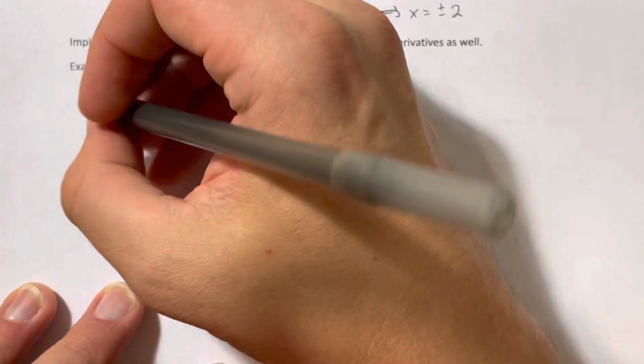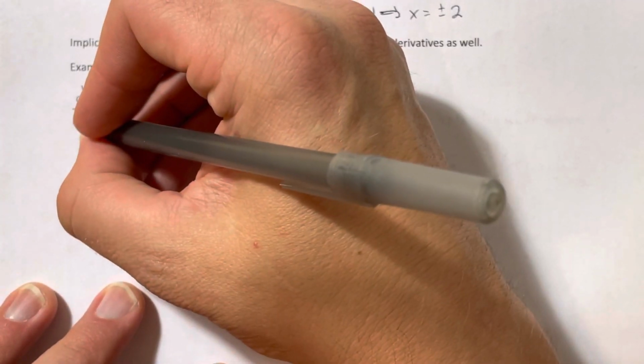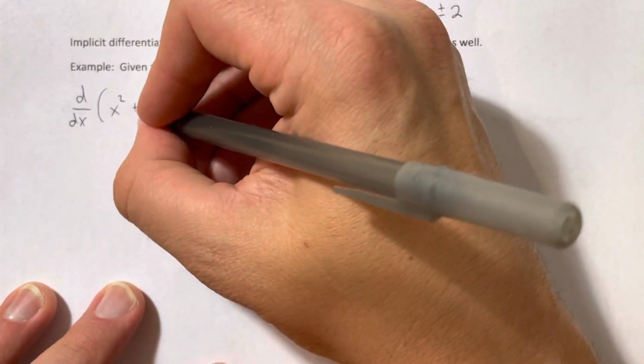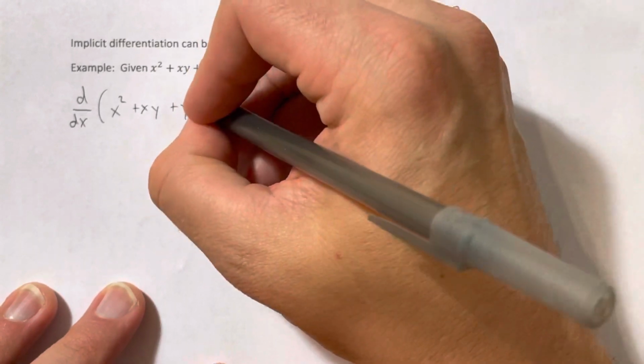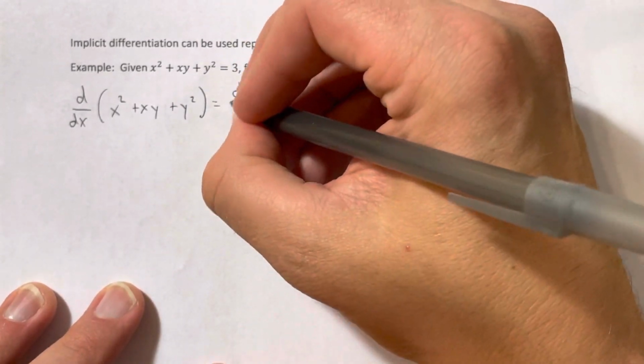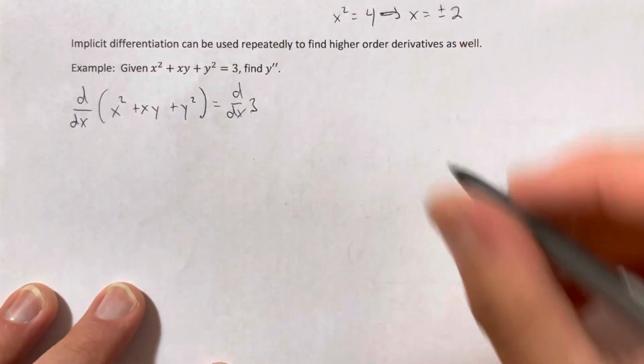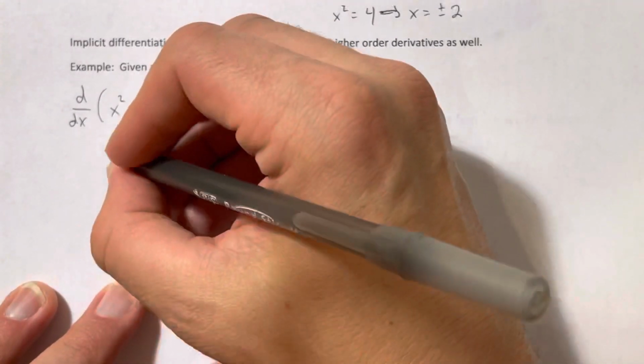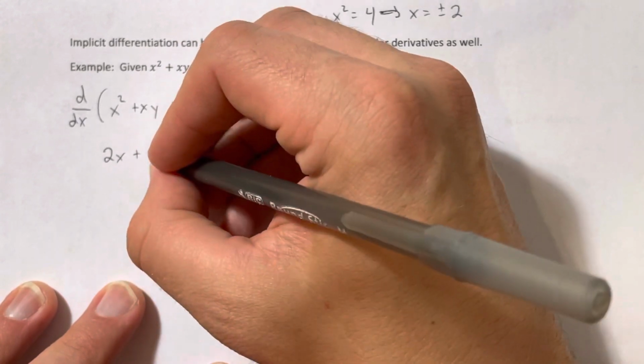So I'm going to do the same thing that I've been doing. Find d/dx of both sides: d/dx of x squared plus xy plus y squared equals d/dx of 3. And then differentiating both sides, my left-hand side will be 2x plus x.